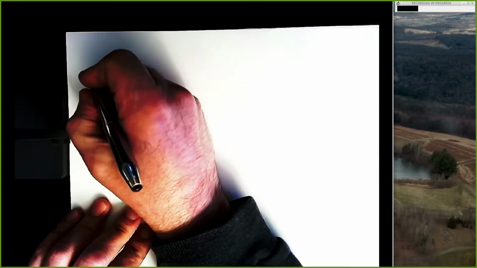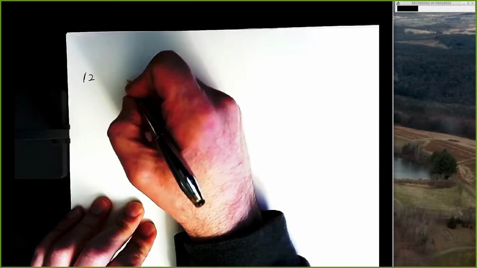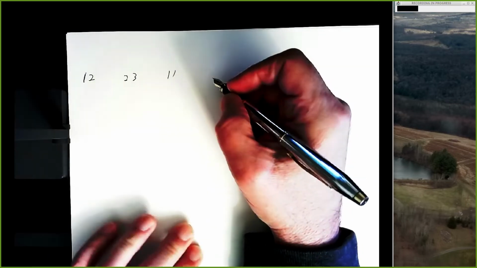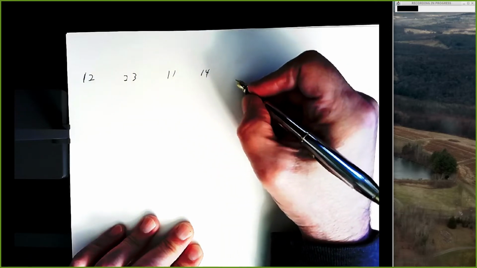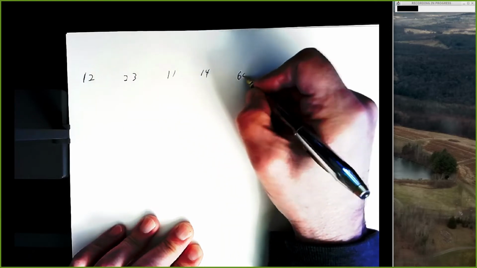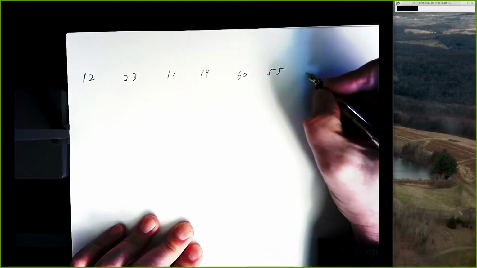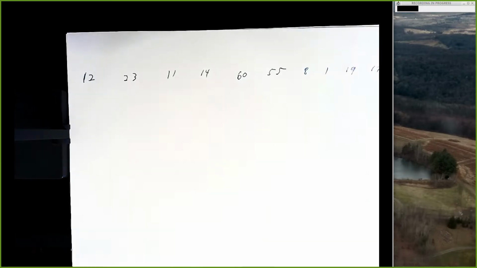So here's a set of numbers. I got 12, 23, 11, 14, 60, 55, 8, 1, 19, and 17.